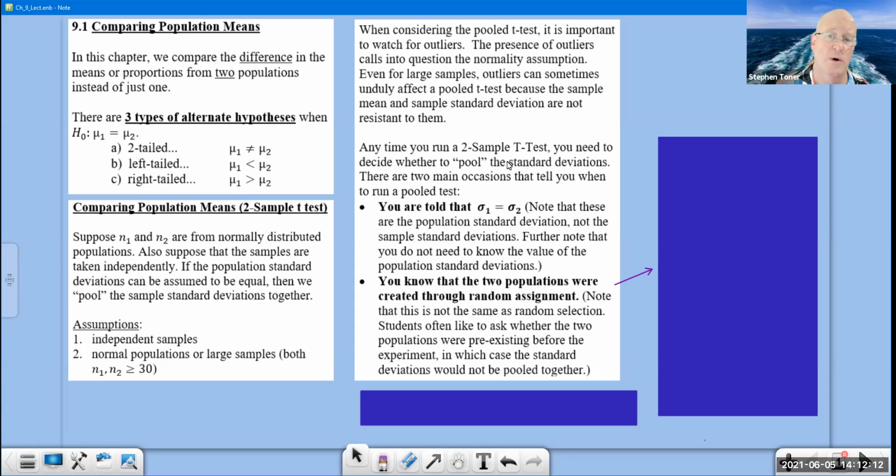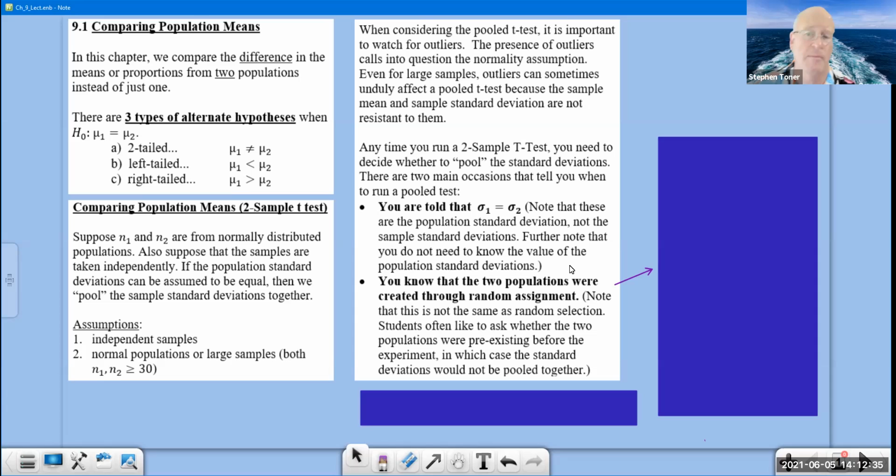So anytime you run a two-sample t-test, which will be one of the tests we do in this chapter, you need to decide whether or not we're going to pool the standard deviations. And there will be two main reasons when you can do this. The first one is you are told that sigma 1 is equal to sigma 2.